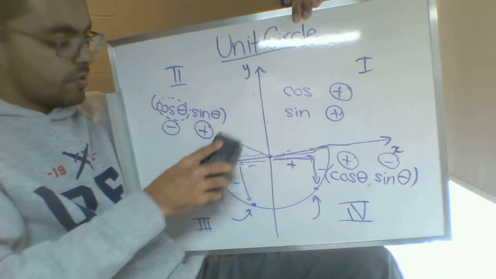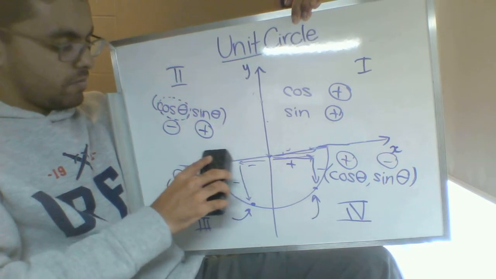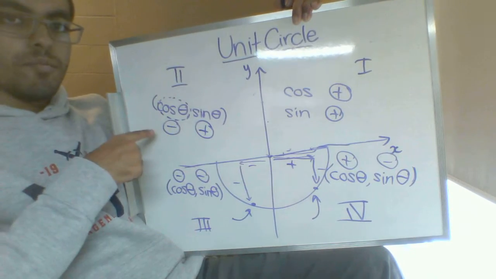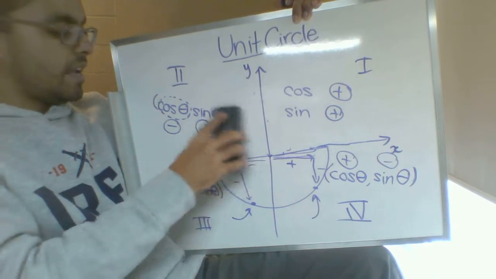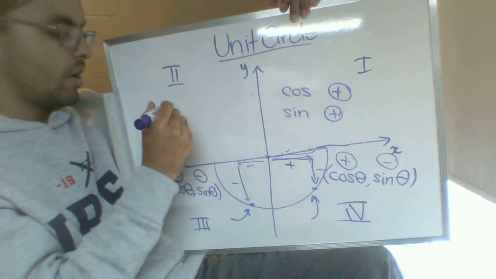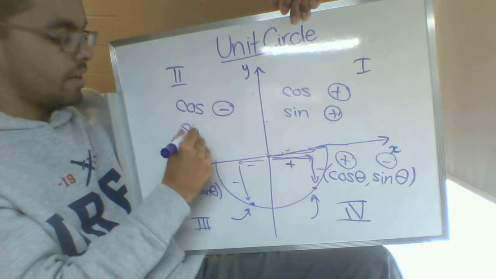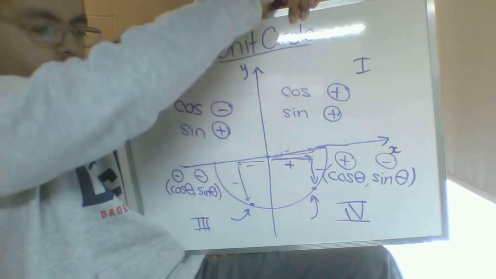In quadrant 2, we can see from right here that cosine is negative, but sine is still positive. So we've got cosine is negative, sine is positive.